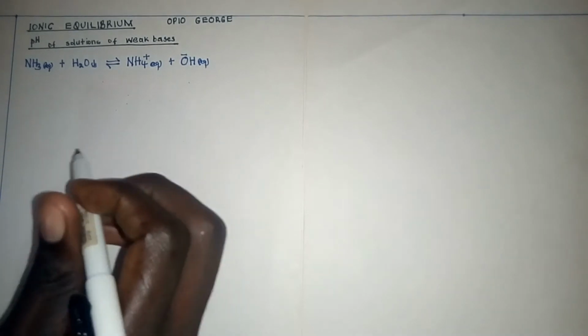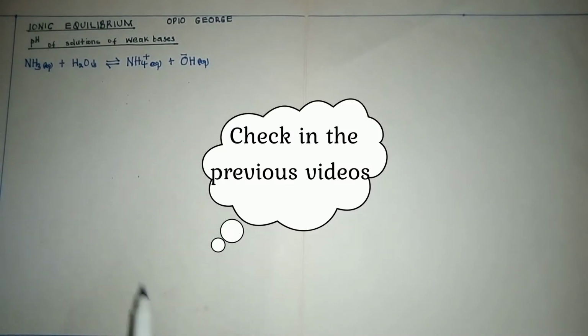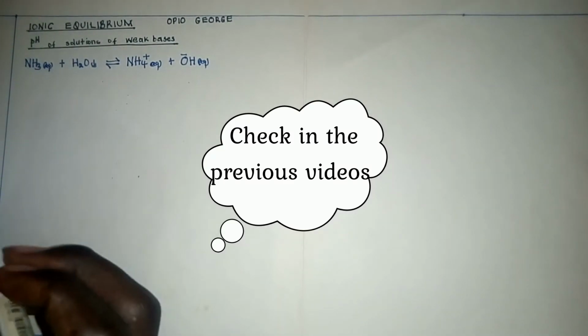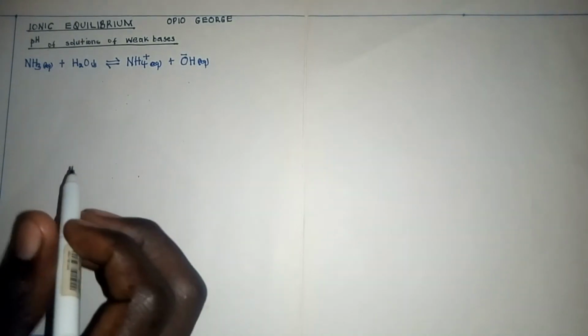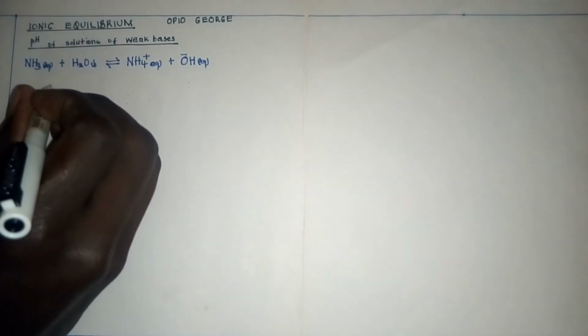The next thing you want to do here is to obtain the expression for Kb by applying the law of mass action. If you apply the law of mass action to this equation, we shall obtain an expression for Kb.